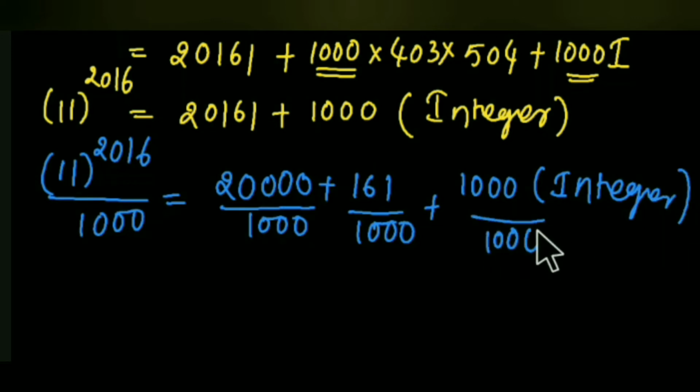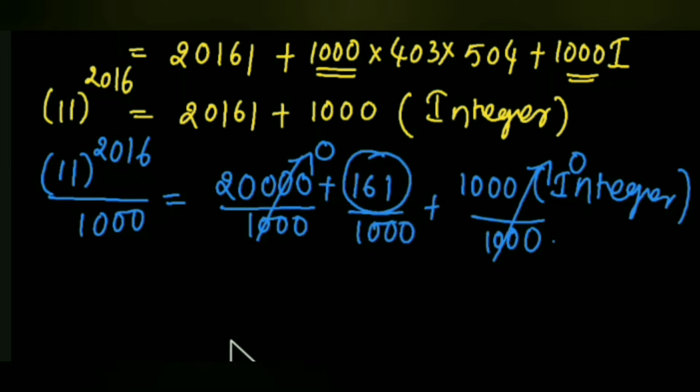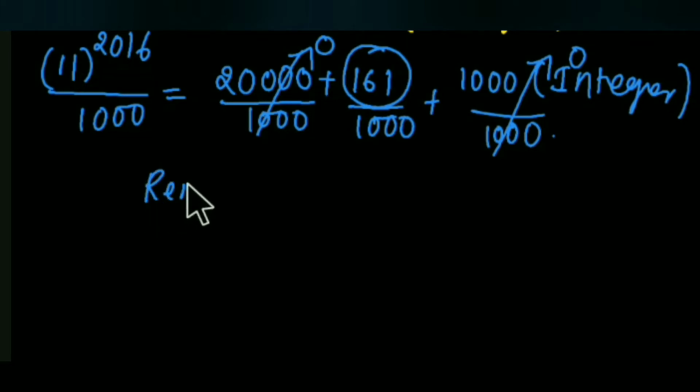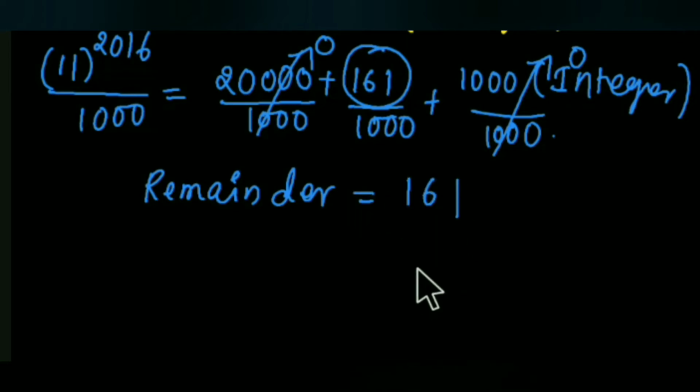The 20,000 is divisible, with remainder 0. The 1000 into the integer is also divisible, with remainder 0. Here the remainder is 161. Finally, the remainder is 161.